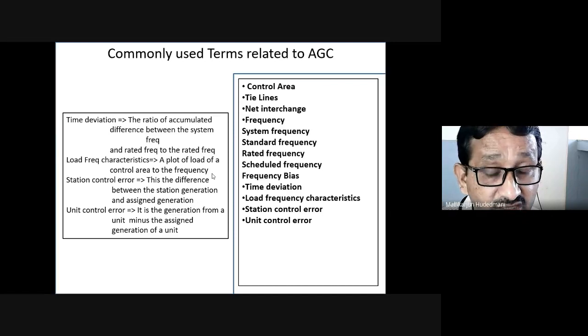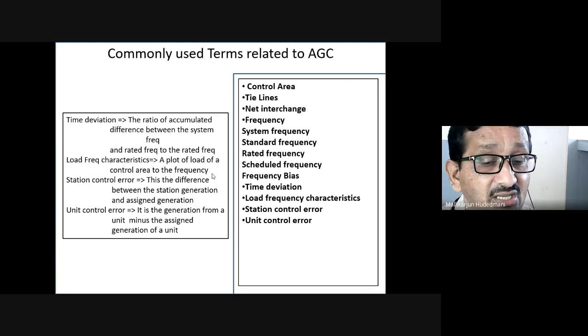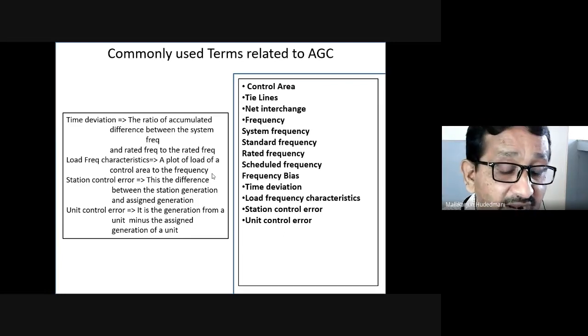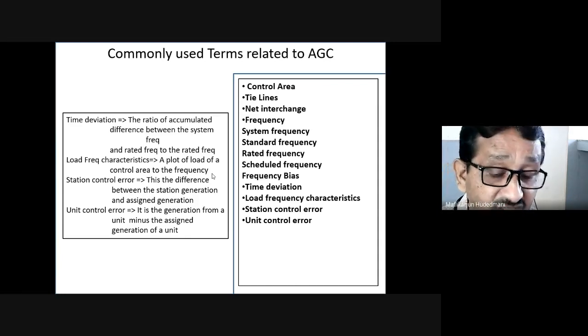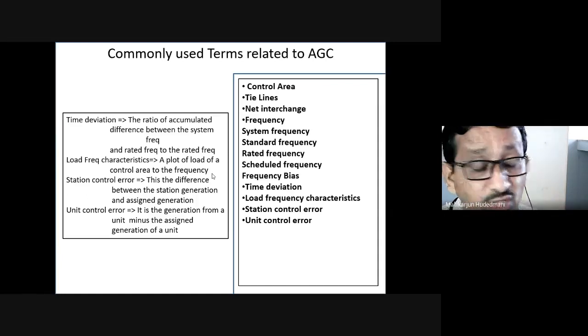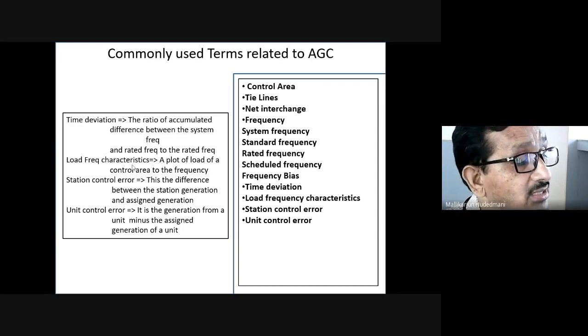But as the load changes, frequency deviations do occur. What that deviation is, you will find at the station as the load changes, in a graphical representation. That is called a plot of load of a control area to the frequency of that station. This is called the load frequency curve.